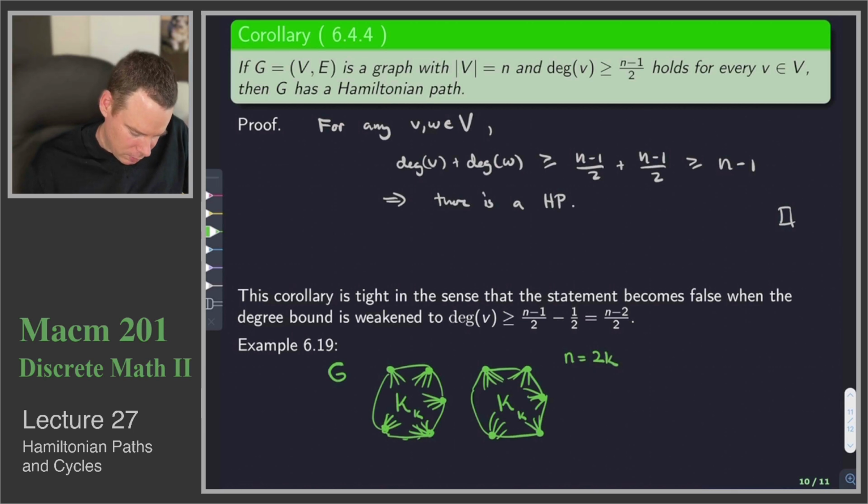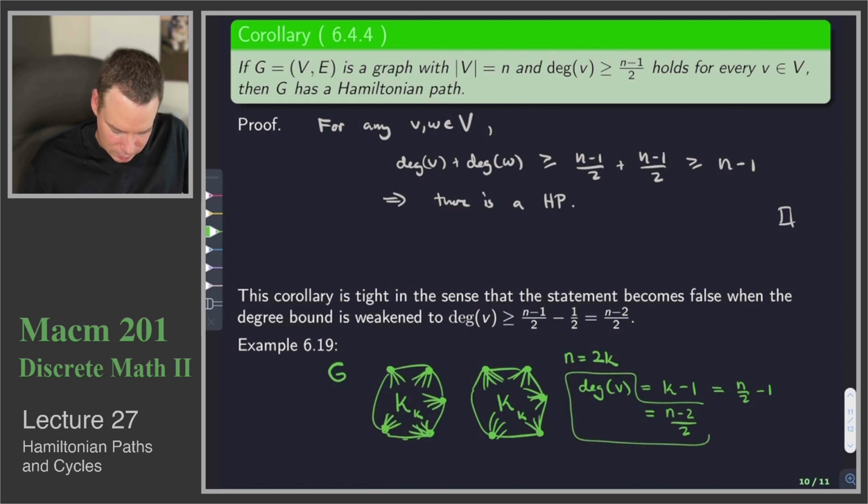And what is the degree of any vertex? Well, the degree of any vertex is little k minus 1. And so that is n over 2 minus 1, or in other words, (n minus 2) over 2. So we are in a situation where every vertex has degree (n minus 2) over 2. But there is no Hamilton path in this graph. Why not? Because it's disconnected.